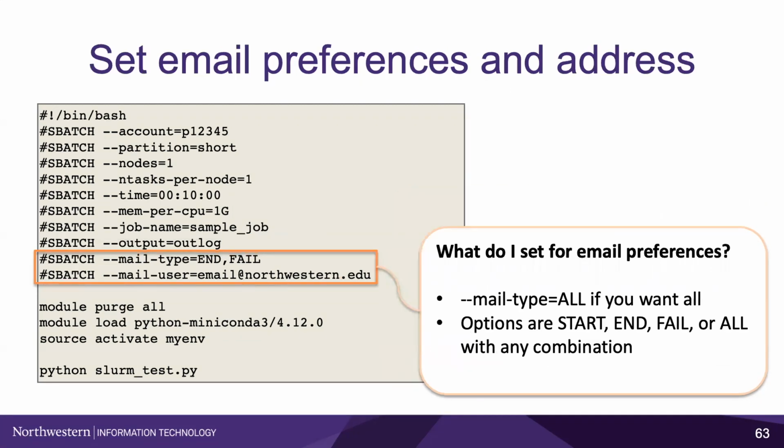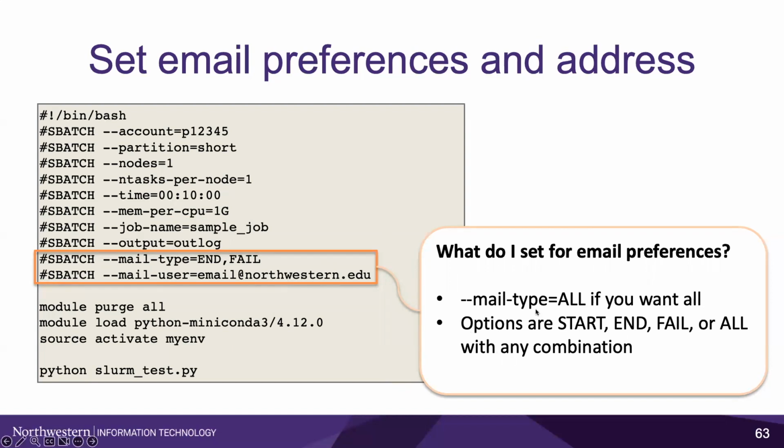All right, so finally here, these last two lines are where you can set your email notification preferences. The first one, --mail-type, is where you can tell Slurm which notifications you want to receive.